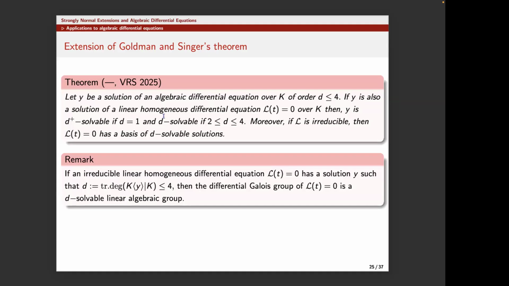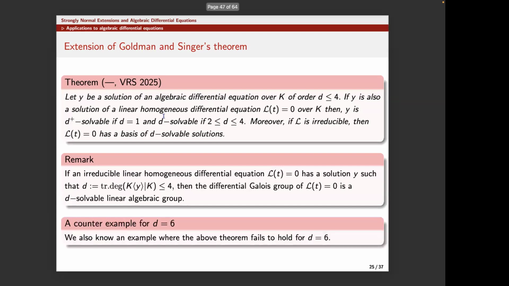So what is a D-solvable linear algebraic group? A D-solvable linear algebraic group is an algebraic group having a chain of normal subgroups where each of the quotients is a subgroup of GL_D. And for D equal to 5, we have a counterexample that comes from the exceptional group G2.